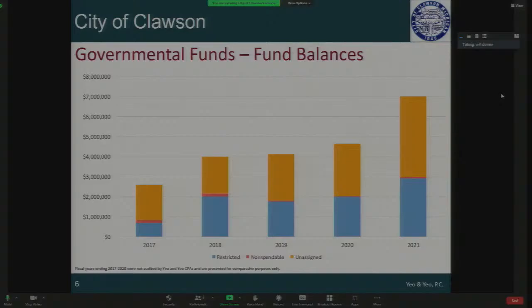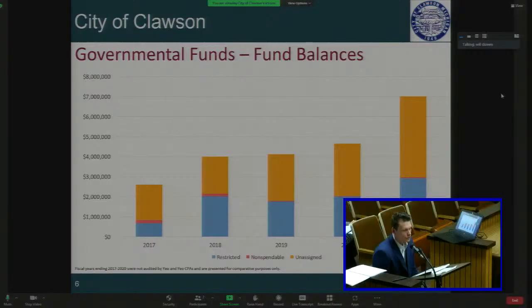You can see from 2017 through 2021, fund balance has risen overall in the governmental funds, with a current year increase of about $2.2 million, half of which is in the general fund. About 25% of that is in the sidewalk construction fund for unused bond proceeds from new debt. And the remainder is mostly restricted for roads. That's the bulk of what's going on in the 2021 column there.